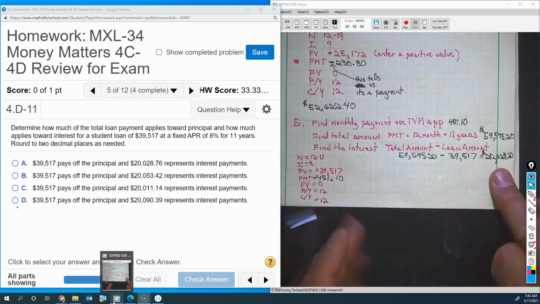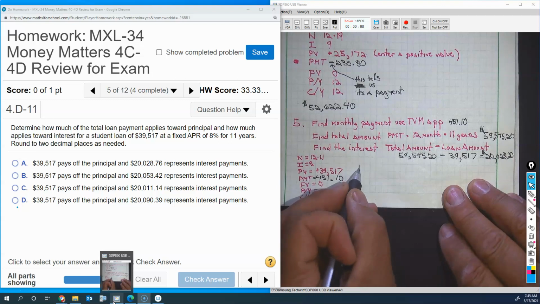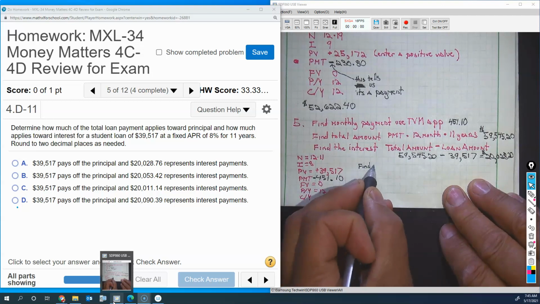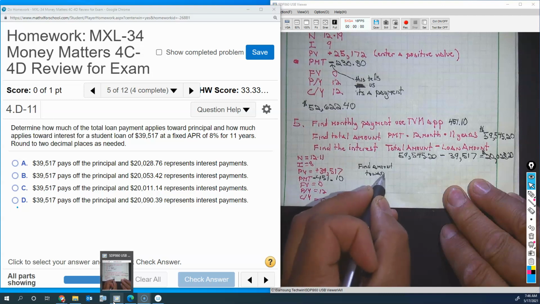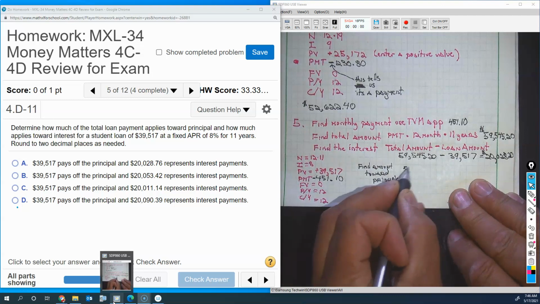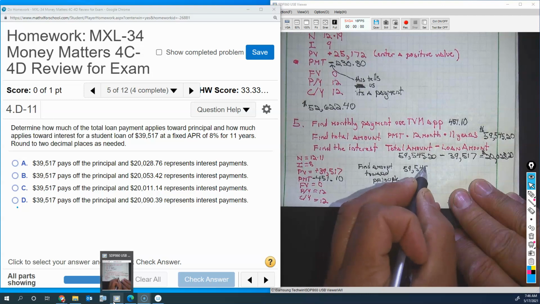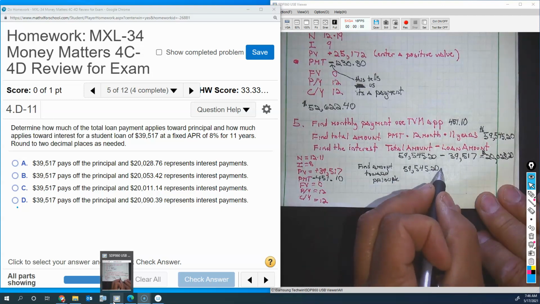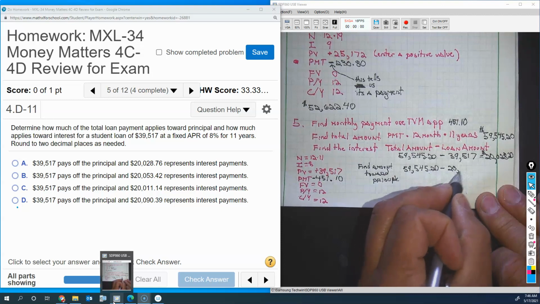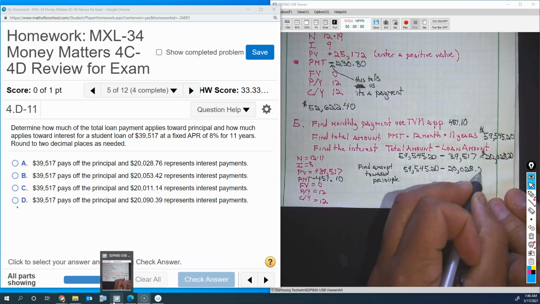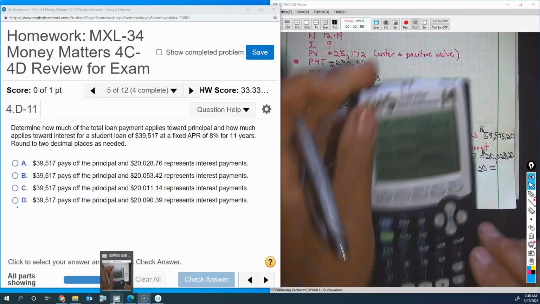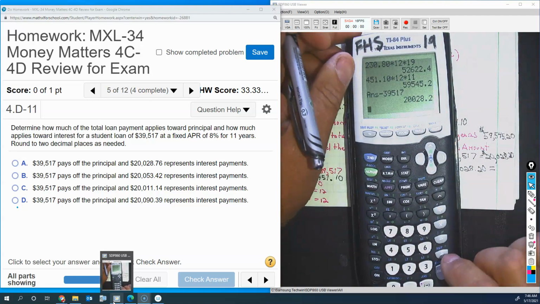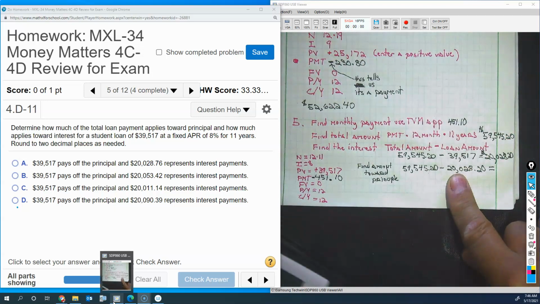So that's the interest, and now to find the amount towards the principal, that's whatever's left over. If that's my total, and about 20,000 of it is the interest, then whatever's left is going to be the amount towards the principal.